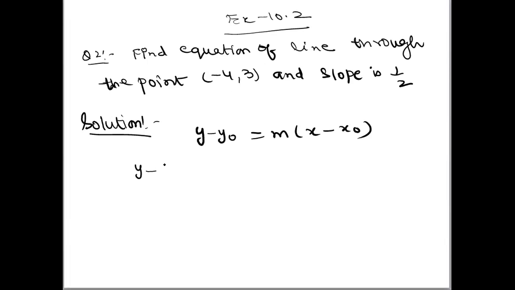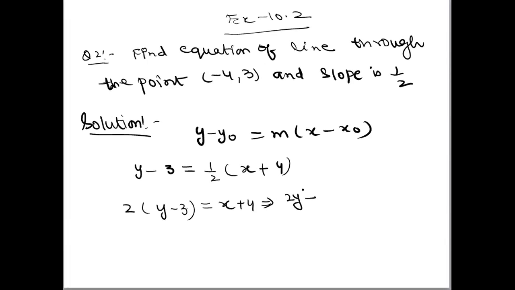y naught की वैल्यू 3, m 1 by 2, x naught की वैल्यू minus 4, minus plus 4. So I am taking 2, I am cross multiplying. 2 into y minus 3 is equal to x plus 4. 2 into y minus 3, 2 sixes are 6, is equal to x plus 4. So now rearrange the terms. चाहे x वाली टर्म को इधर ले जाओ, चाहे y वाली टर्म को इधर ले जाओ.